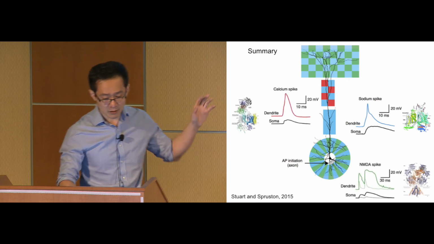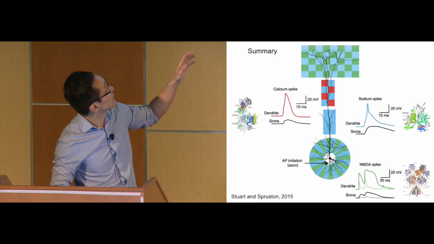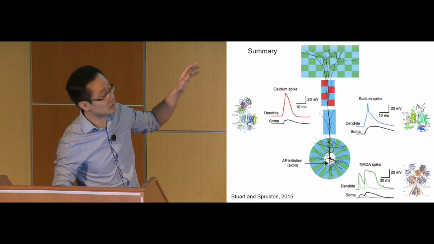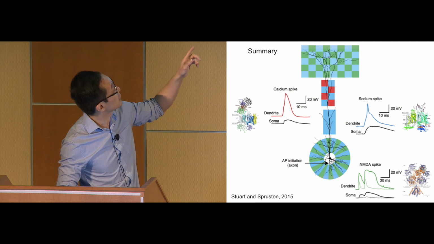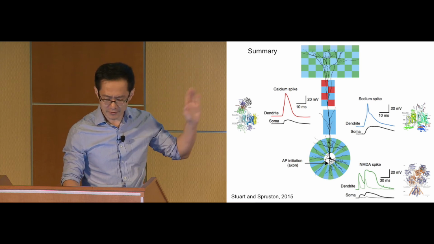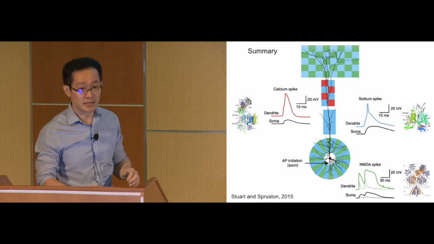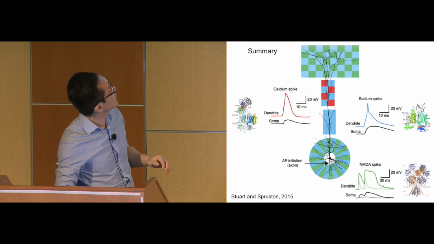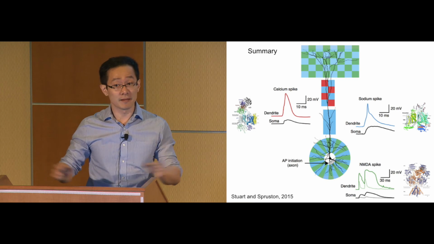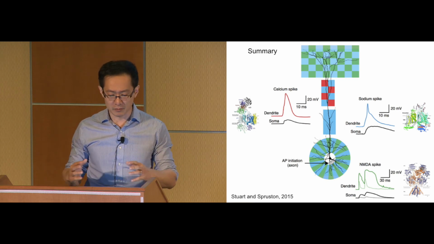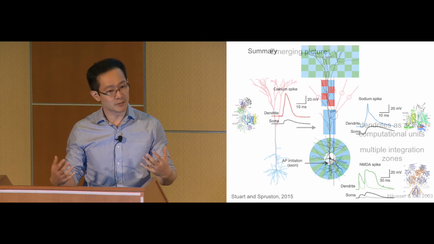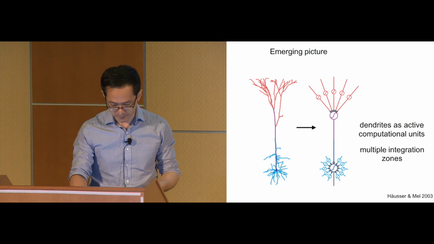Voltage-gated calcium channels are shown in red, and typically they only generate spikes near the bifurcation of the apical dendrite. This is important functionally. And the third one is the NMDA spike. This spike happens all over the thin dendrites. And the thin dendrites make up the majority of dendrites, like 80% of the dendrites of a pyramidal cell.